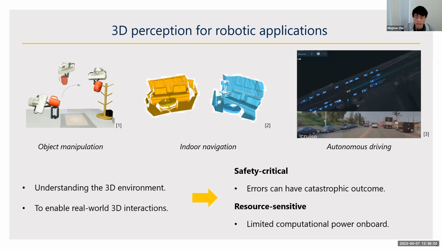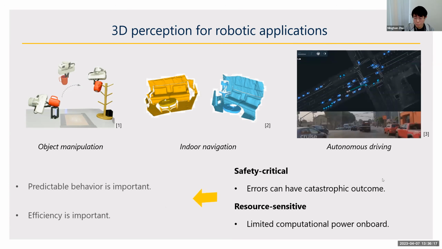We cannot put a huge model requiring hundreds of GPUs on a single robot. Therefore, these two characteristics pose two requirements on the perception algorithms. The first is that having predictable behavior from the perception algorithm is very important. On the other hand, efficiency is also very important.